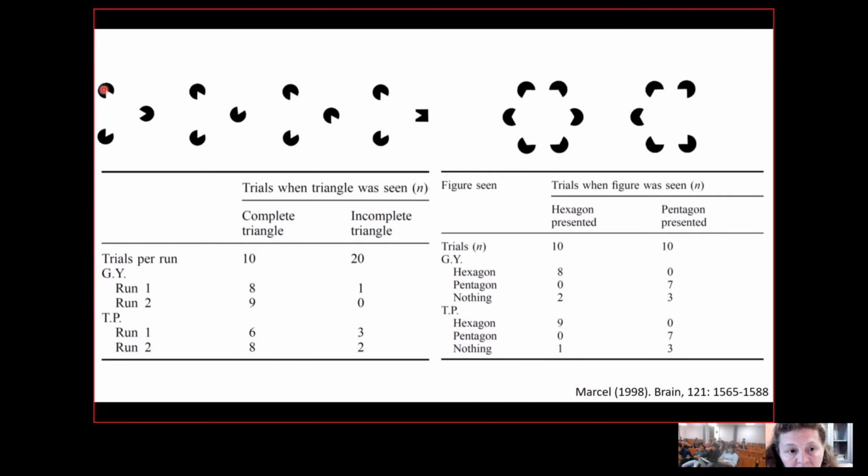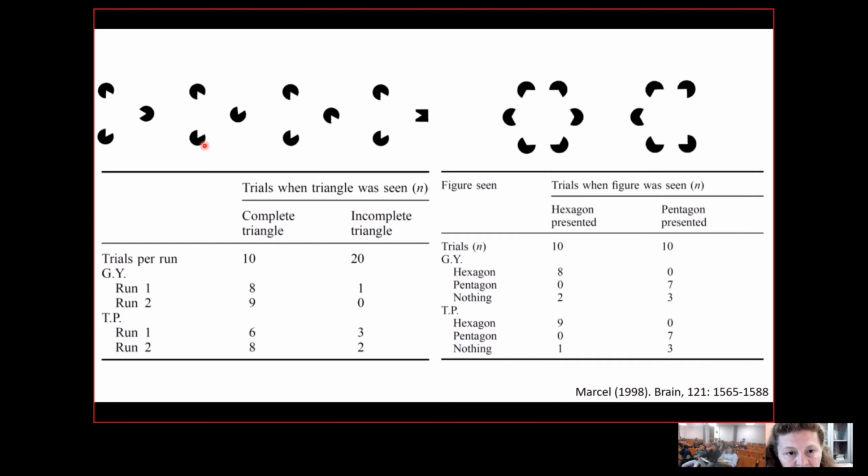Let's see about these figures here. I guess you see a triangle here, and you don't see a triangle here, right? And this is because these three, let's say, Pac-Mans create a configuration, so a gestalt, allowing you to perceive a triangle. Let me say that this falls into your blind visual field. So you don't see this Pac-Man here.